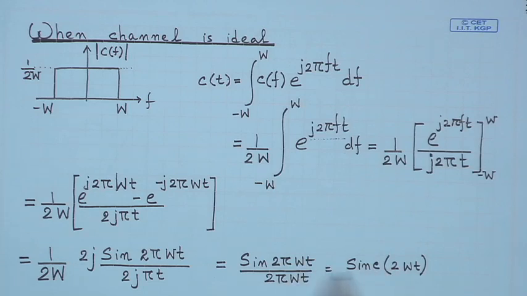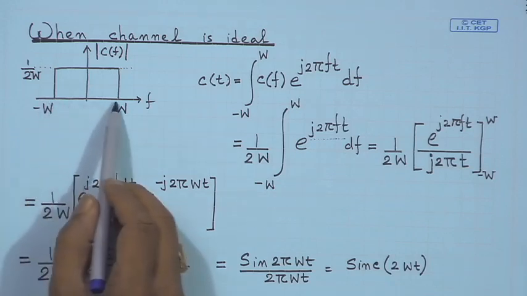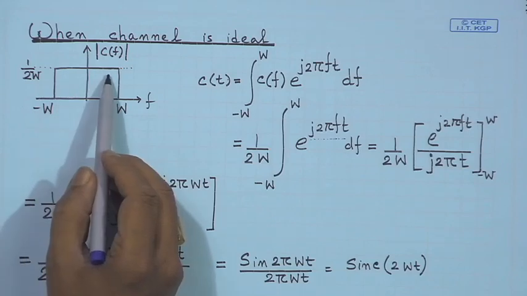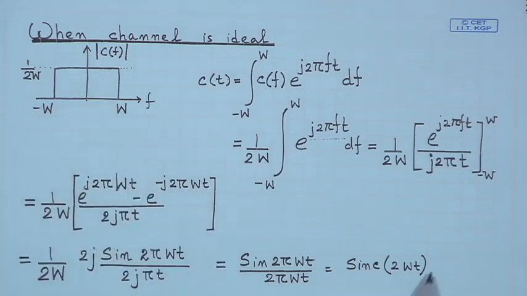Generally, on many occasions when you write sinc, you do not represent the pi, but in some cases you can. So, what we see over here is, although the channel appears to be ideal, we find that the impulse response is a sinc.